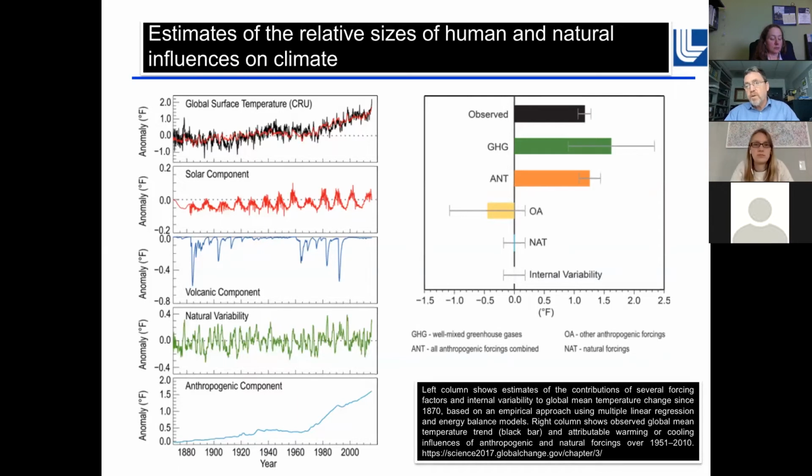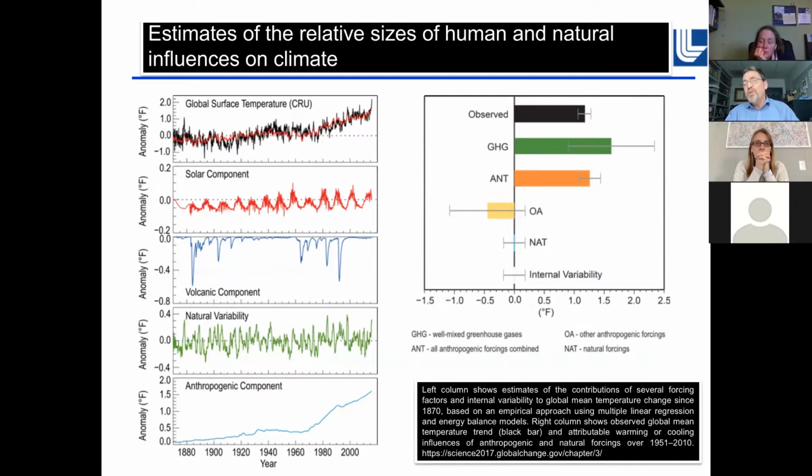This is a figure that looks at the last 60 years and tries to explain how much of the observed global warming, that's the bar at the top there, the black bar, is due to these different factors. And the bottom line is that it's human-caused increases in greenhouse gases that explain more, actually, than the observed warming. And if you look at the yellow bar, that's particulate pollution.